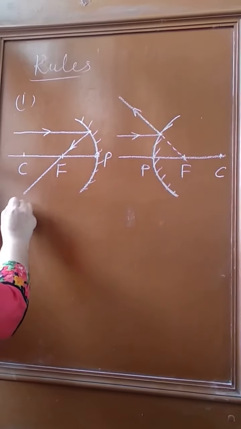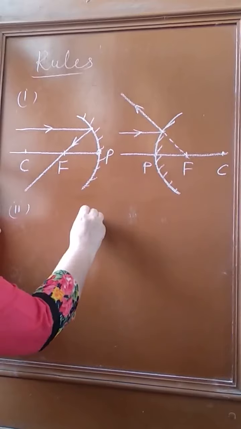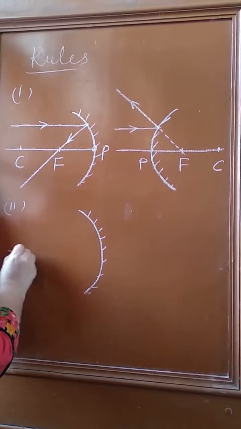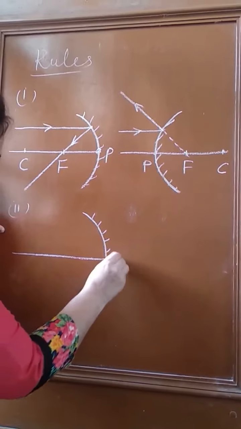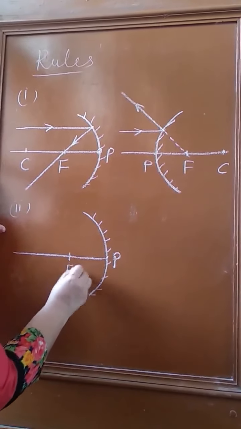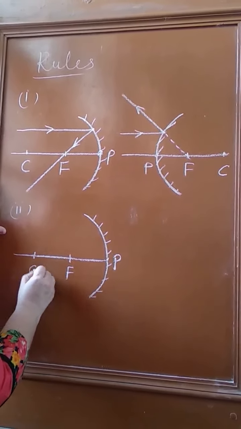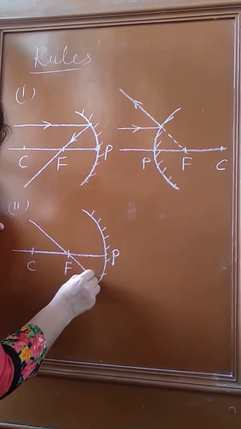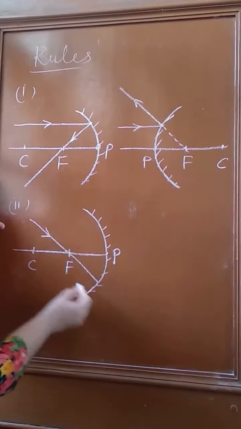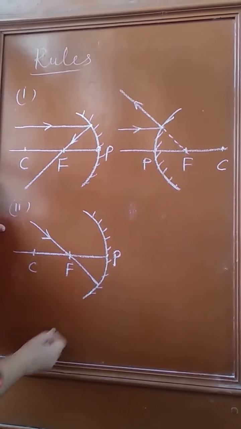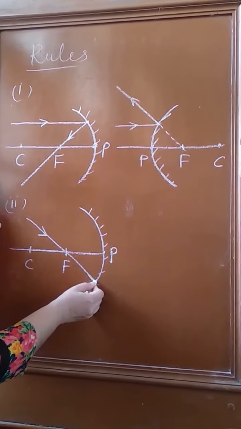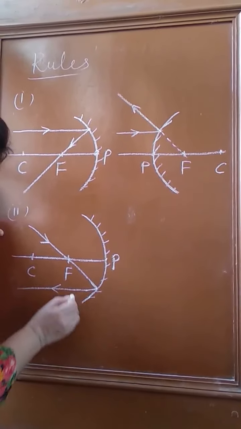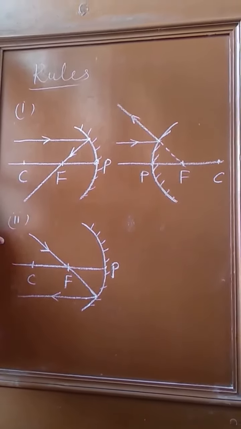Now second is when a ray passes through the focus and is incident on the mirror, after reflection from the mirror it will go parallel to the principal axis.